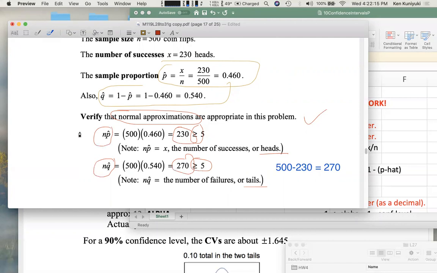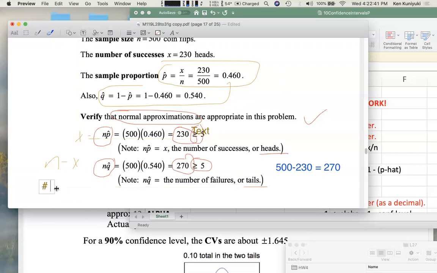By the way, why is this equal to x? Okay. Well, it's just algebra. Here, p-hat is x over n. If you multiply both sides by n, we get that x equals n times p-hat. And then to get the number of failures, it's n minus x. It's the number of trials minus the number of successes.